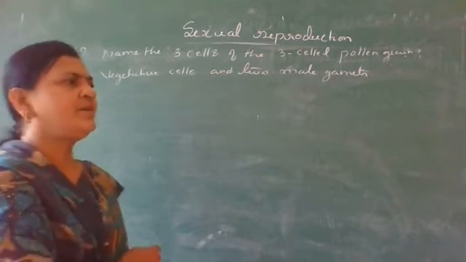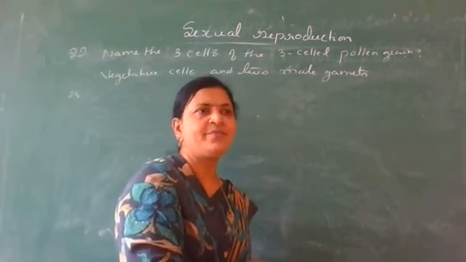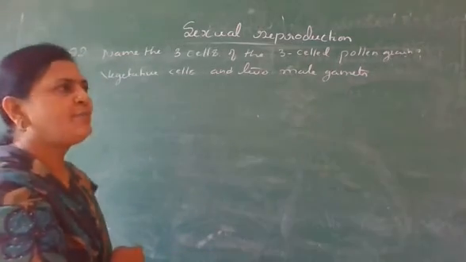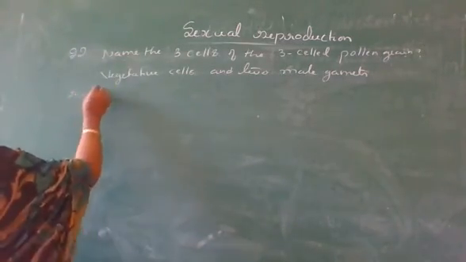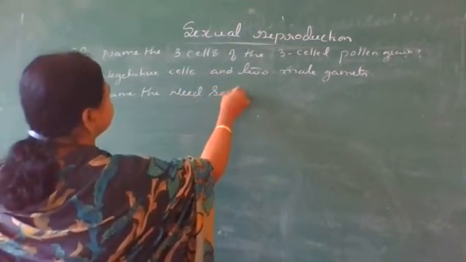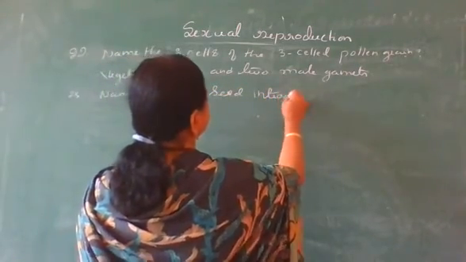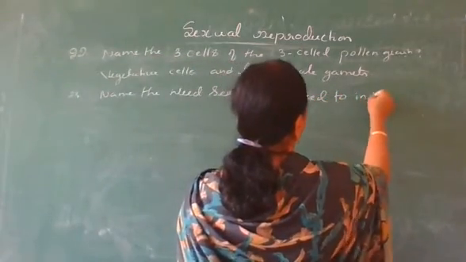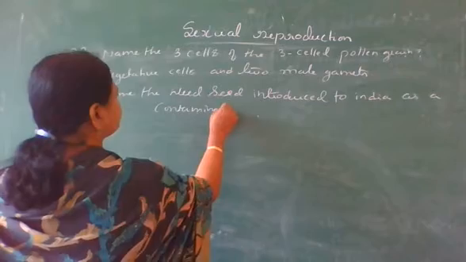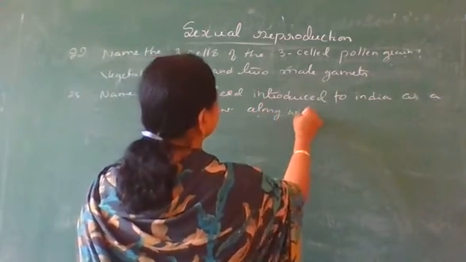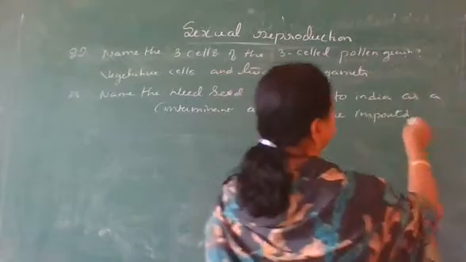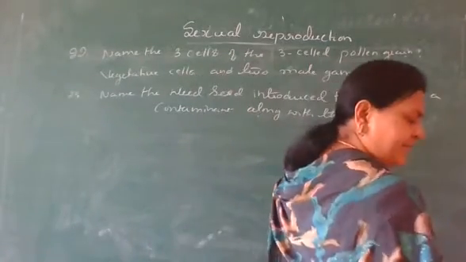Okay. Name the weed seed introduced to India as a contaminant along with the imported wheat, or simply along with the wheat.